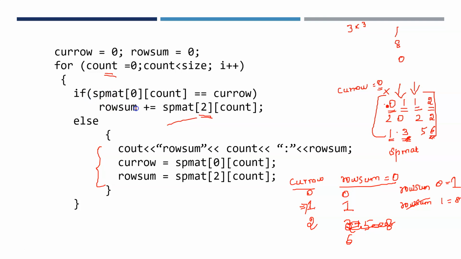Only if it is the same row should I be adding. Only if it is equal I should be adding. Otherwise I have to reset it. And at the end I again have to write out the last row's sum, count, and what you have as the sum. So this is how you can perform, with minimized operations, the row count of the sparse matrix.